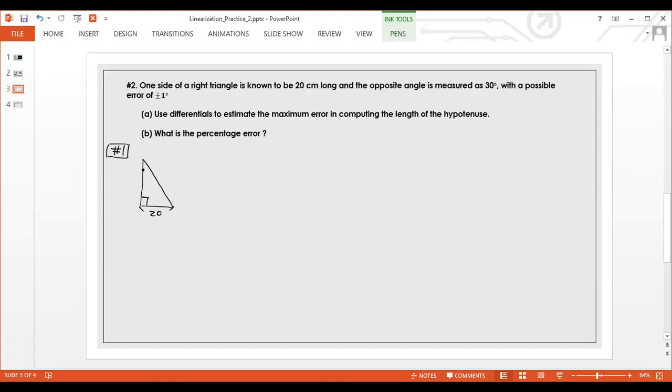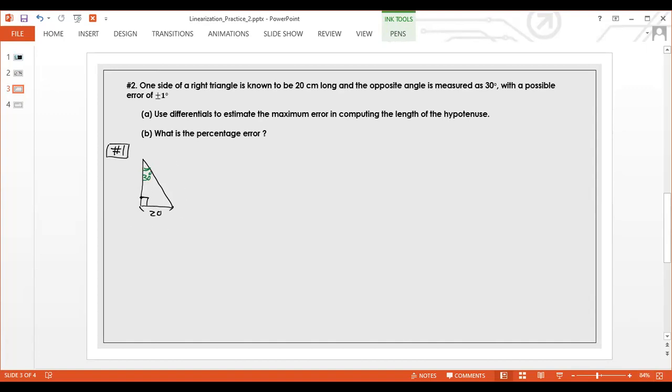Then they say with a possible error of plus or minus 1 degree.